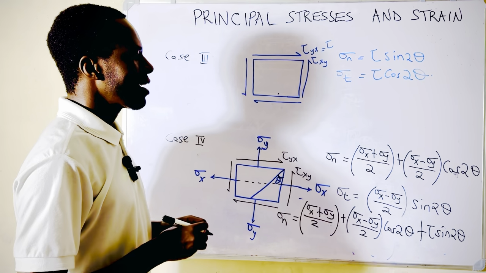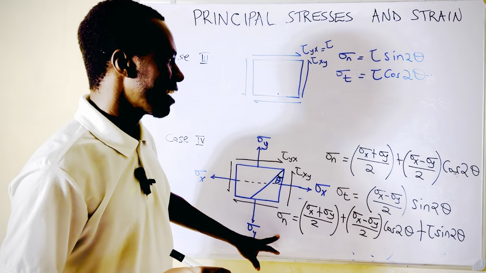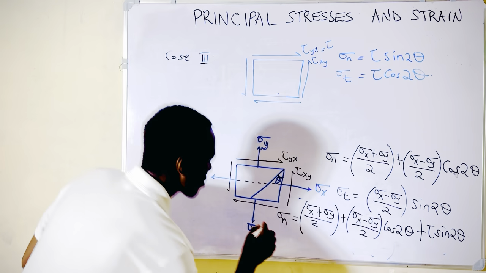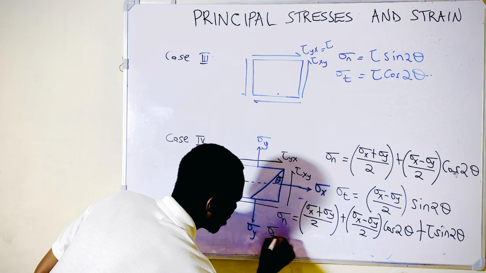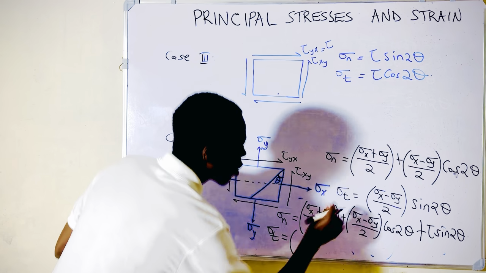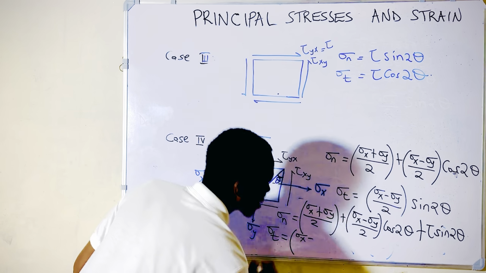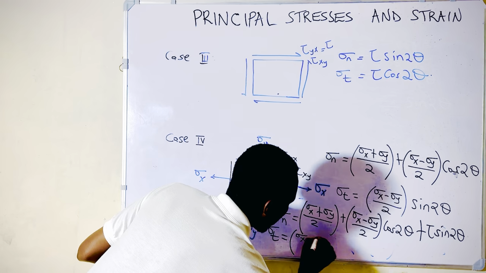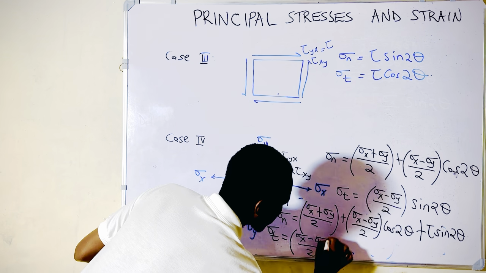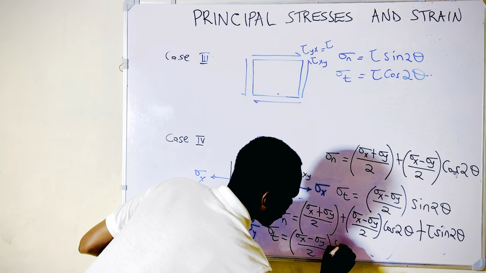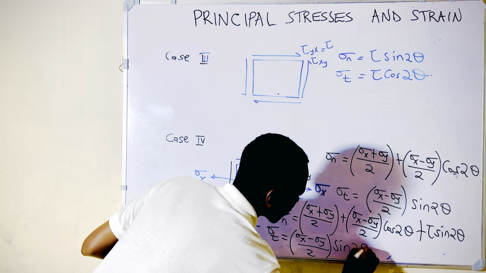Then what will be that of the tangential one? Okay? So tangential one, this is going to be the whole of this one, which is sigma x minus sigma y by 2, then sine of 2 theta.